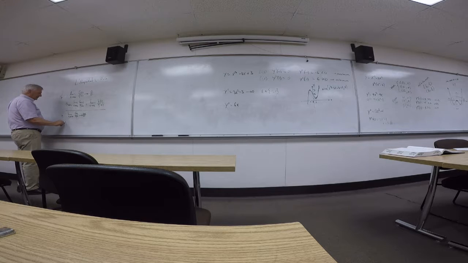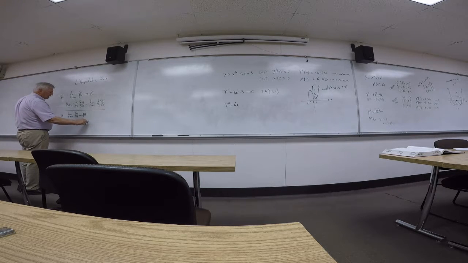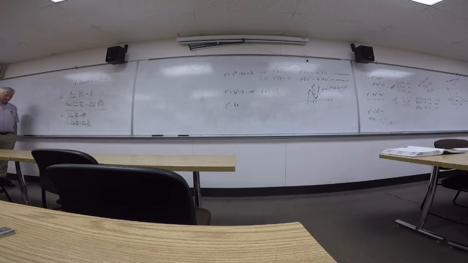That means the limit as x approaches infinity of f of x over g of x is equal to the limit as x approaches infinity of f prime of x over g prime of x. And we'll look at a logarithm case a little later, but let's look at this right now.